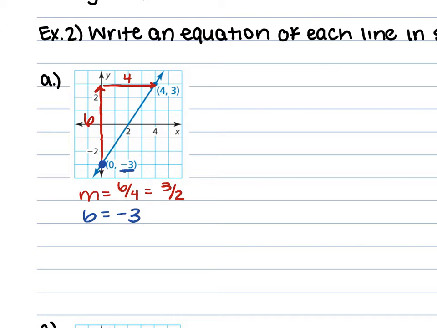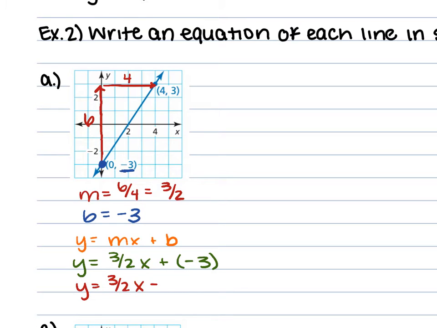We're just plugging these into y equals mx plus b. So this is going to be y is equal to 3/2x plus -3. A positive times a negative is a negative, so that gives us y is equal to 3/2x minus 3.